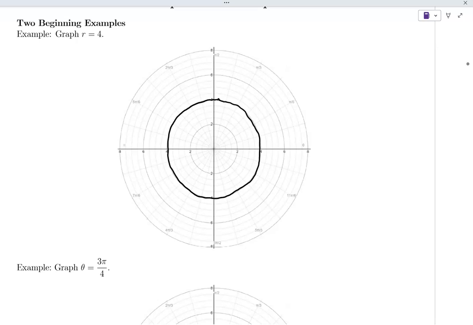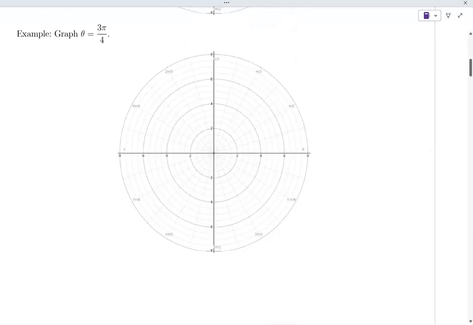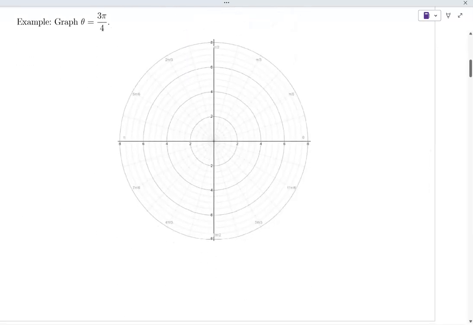Same idea for the next one, just flip-flopped. The r value is missing, so r can be absolutely anything that you want, both positive or negative, but it says that the theta value has to be 3 pi over 4.